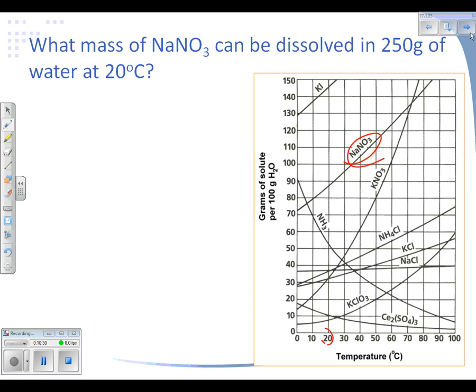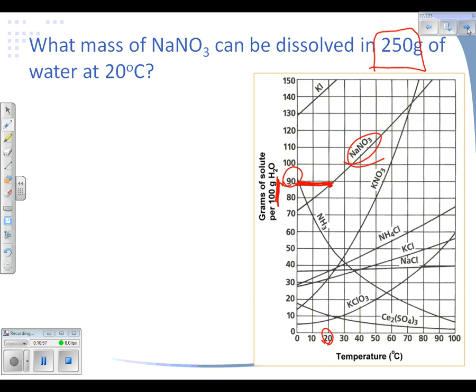We're going to go to 20 degrees and we're going to go up and it hits right about there. And then we could go across. I think I ended up using 90 here, even though that's probably not quite 90, but we could say 90. Remember that this 90 is for 100 grams of water. We want to know about 250 grams of water.